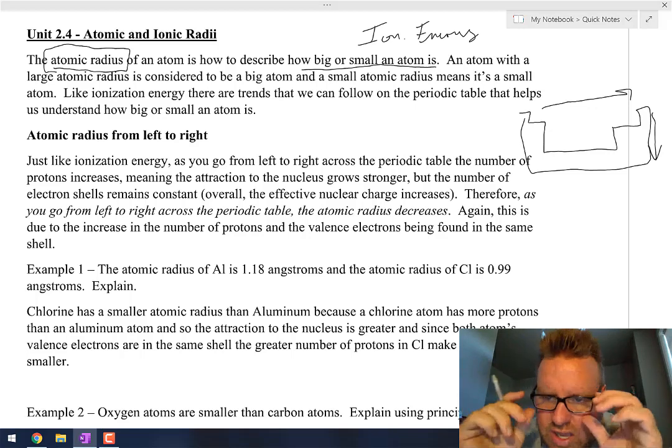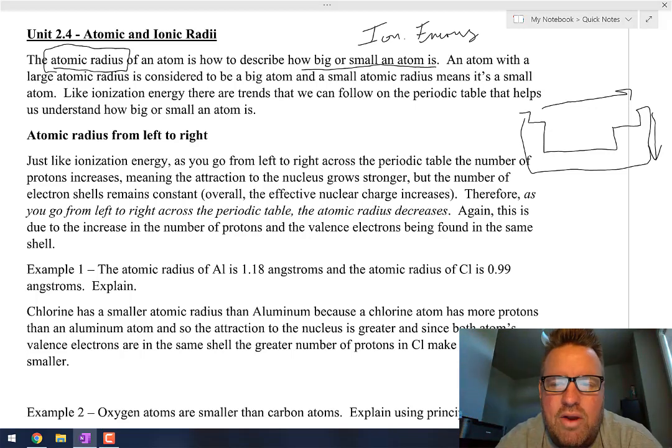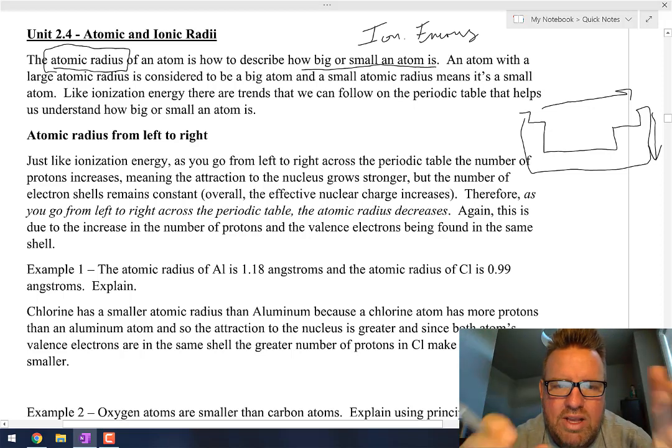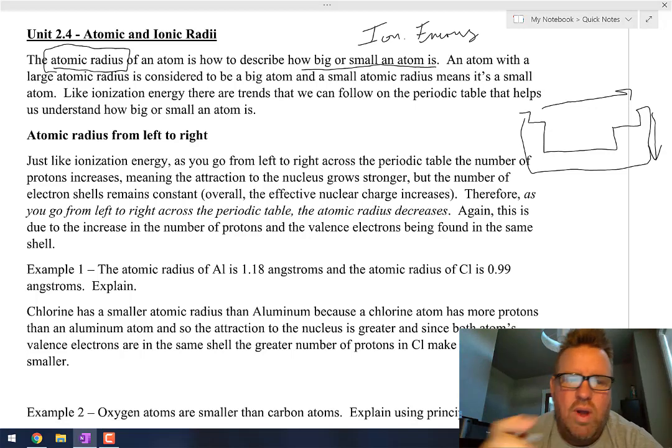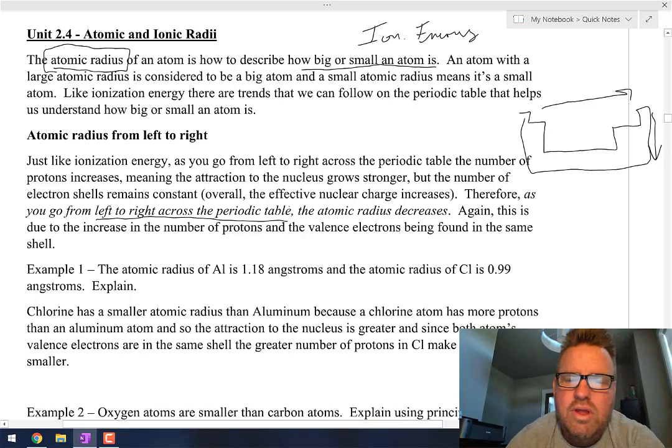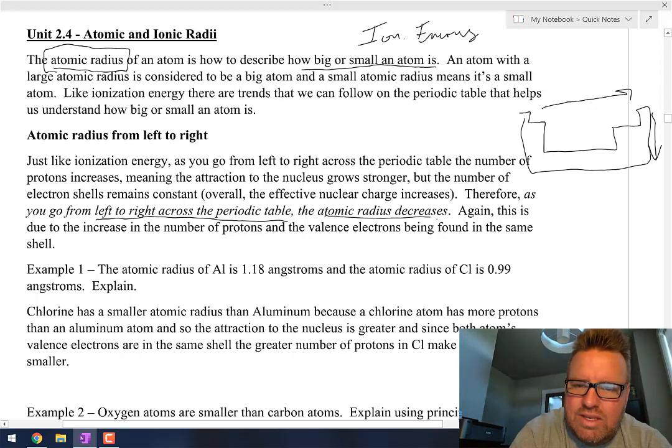And again, just like ionization energy, there are some patterns we can look at as you go across the periodic table. And the nice thing about this is that what we learned about ionization energy applies directly to the sizes of the atoms. So, as you go from left to right across the periodic table, the atomic radius, or the size of the atom, decreases.